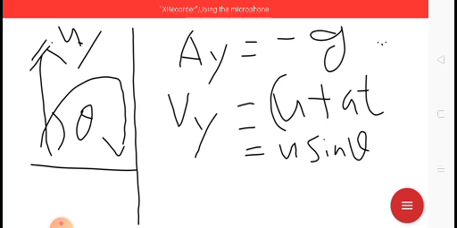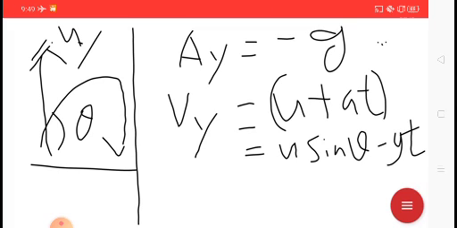This is a general one, u plus at is a general one. So now we put in the component: u sine theta, a is negative g, and we put a t. So this is the velocity at a particular moment after launching, the vertical component of velocity.